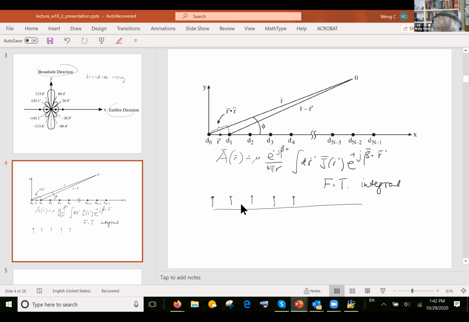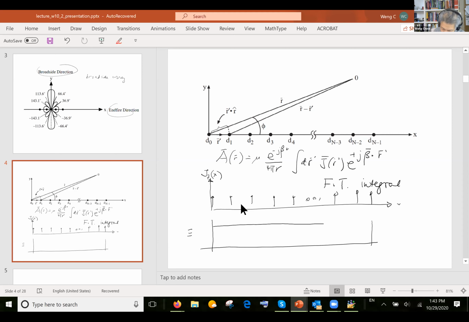Okay, the currents J are pointing in the z direction, and then they are just impulse functions. We can gain some insight from digital signal processing. We can think of this function Jz as being equal to a pulse function.